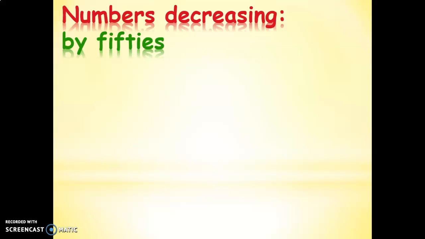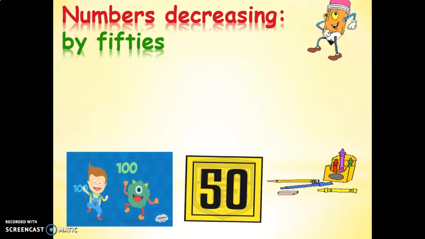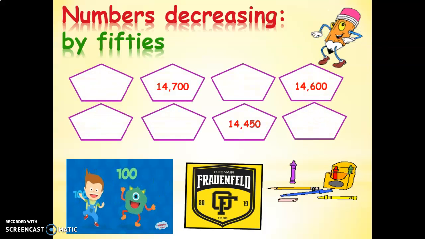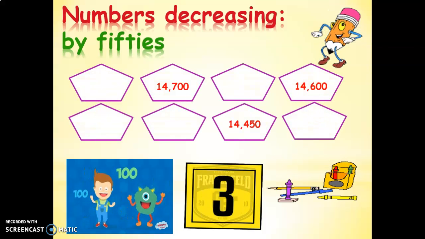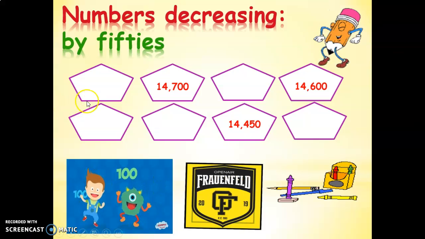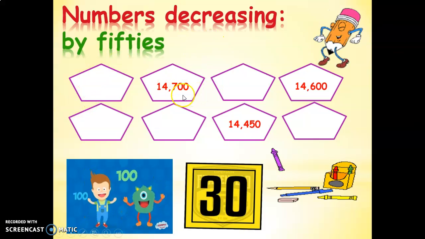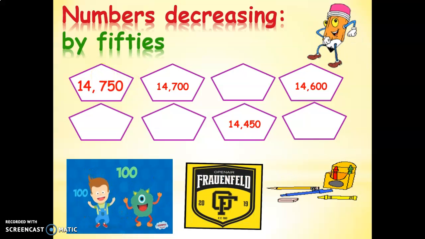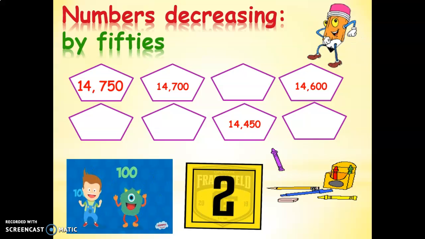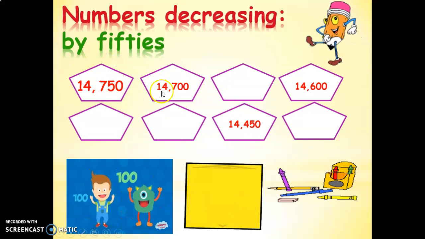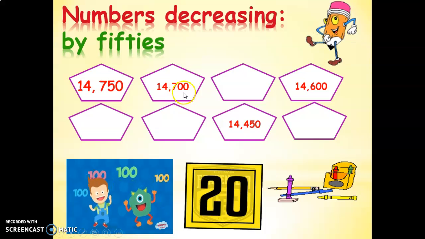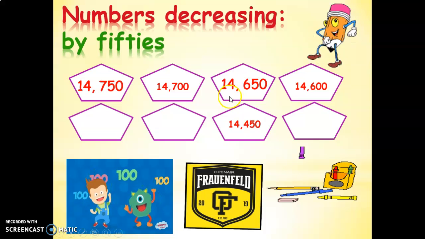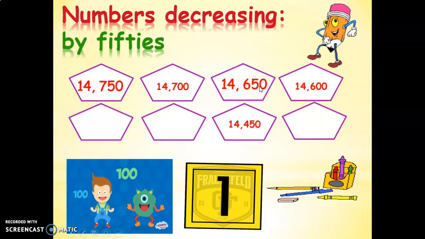Again, we are doing numbers decreasing by 50s. So you simply have to do counting backward or use minus. For our example, the first number is missing, and this number should be bigger than 14,700. The missing number is 14,750. Decreased by 50 will give us 14,700. Minus 50 from this number is now 14,650.